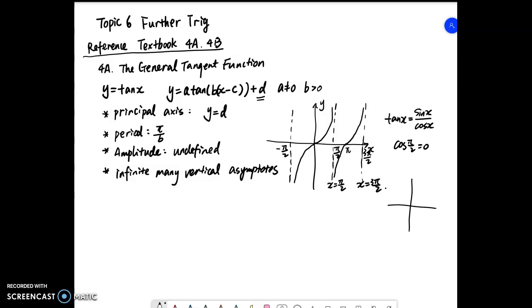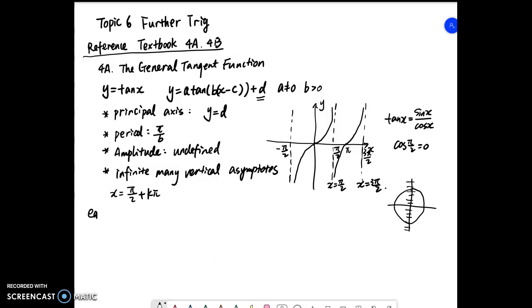If we think from a unit circle point of view, whenever cos equals 0 there will be an asymptote. So that's going to be pi on 2 plus k pi, so x equals pi on 2 plus k pi. Okay, so let's have a look at an example question on tangent.